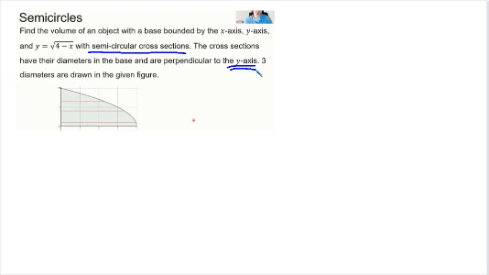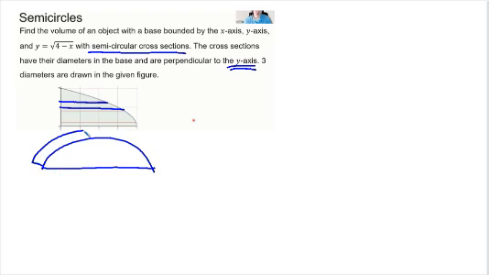So our cross sections are now running this way, which means we need to do this with respect to y. All right? And so what we've got here is a cross section. It's like half of a tomato slice. If you could cut a nickel in half, if you could cut a quarter in half, so on. That's what we're dealing with here.